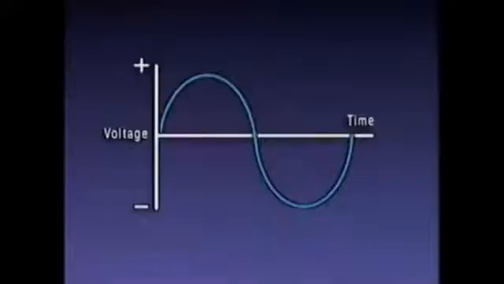The transformers used in electrical distribution systems operate on alternating current, or AC. Alternating current gets its name from the fact that it reverses direction periodically. In fact, it reverses many times per second. It's easier to understand this characteristic if we look at this graph, which shows how AC voltage would look plotted over time. As the graph indicates, AC voltage increases in a positive direction until it reaches its maximum positive value.